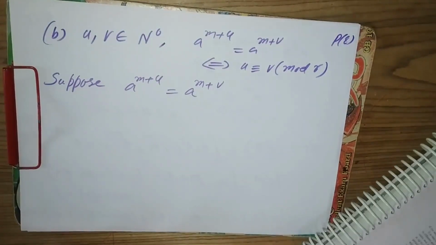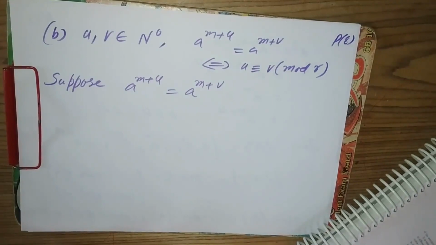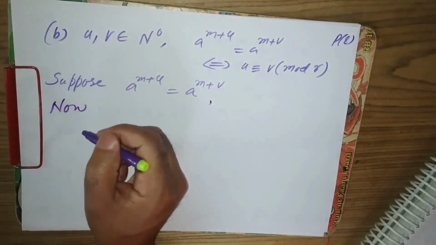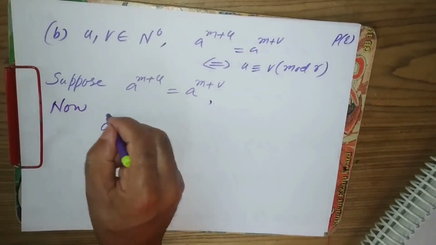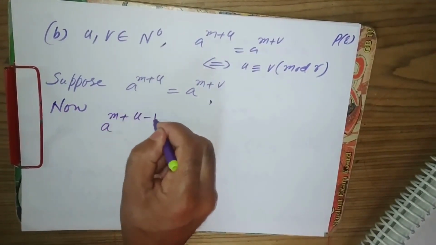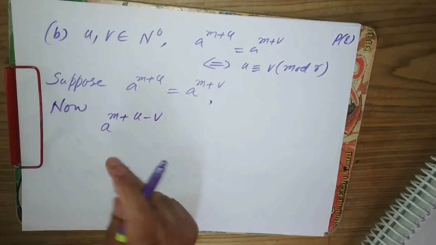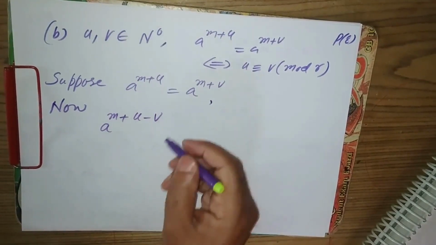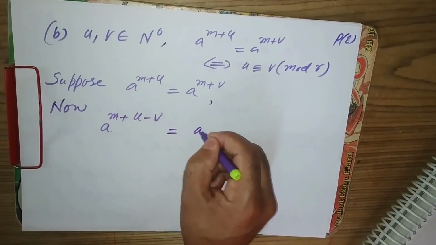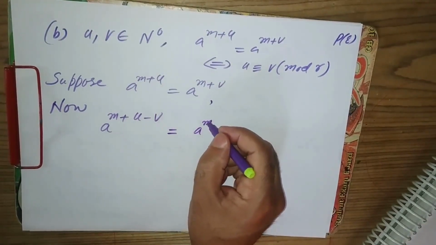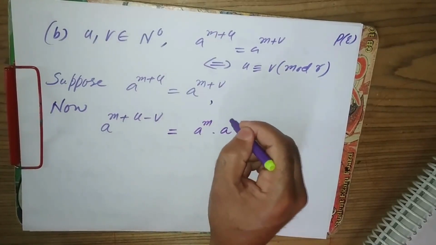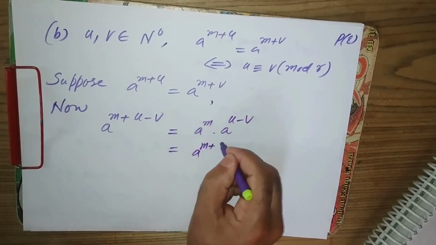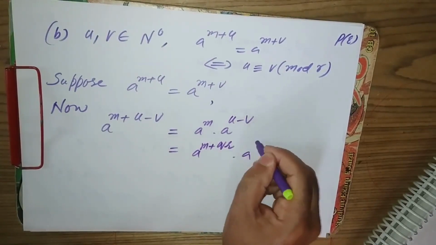Then this implies, now we check this one, A^(m+u). It may be less or greater, so let's take u greater than v without loss of generality. This is equal to A^m into A^(u-v), which is equal to A^(m+qr) into A^(u-v).